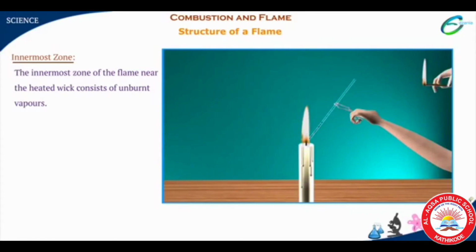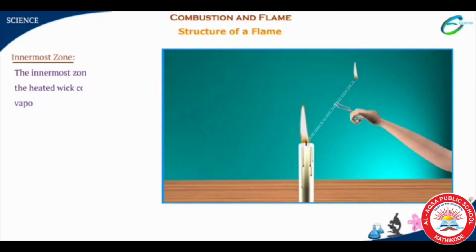That is why we can see a flame at the other end. So the innermost zone of the flame near the heated wick consists of unburnt vapors. The innermost zone of a candle consists of unburned wax vapors.